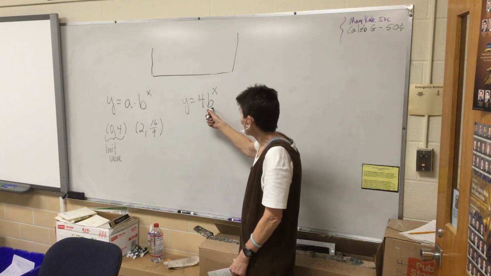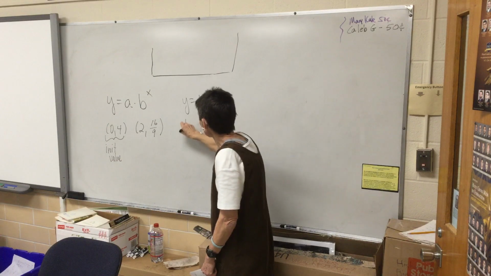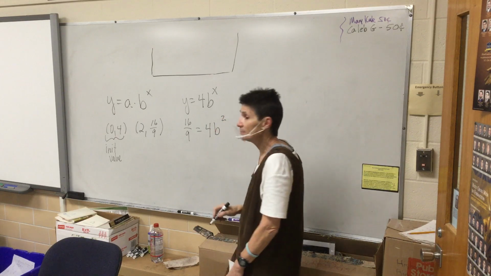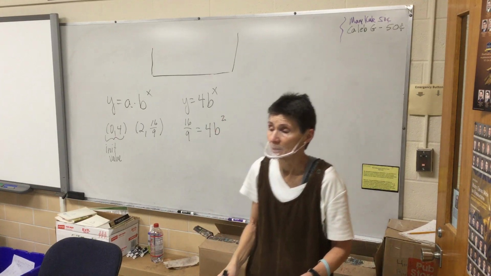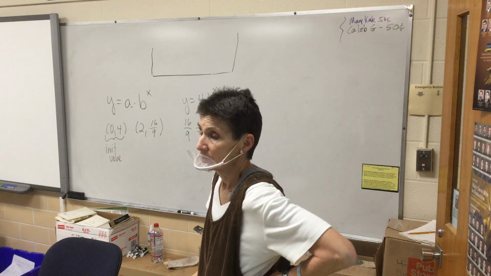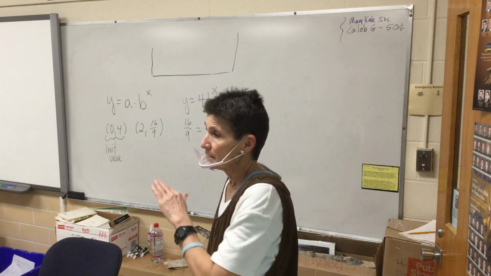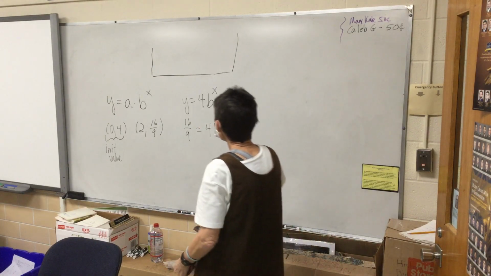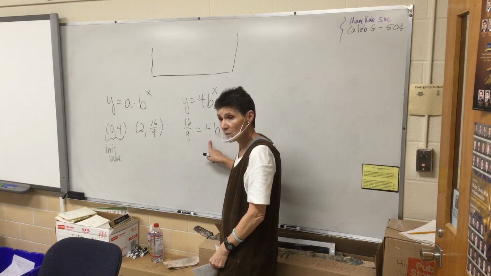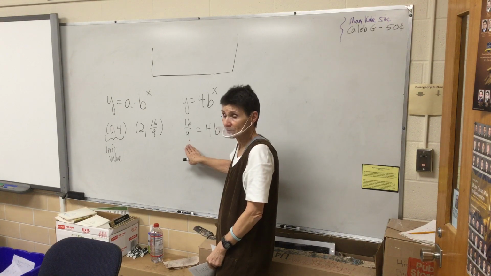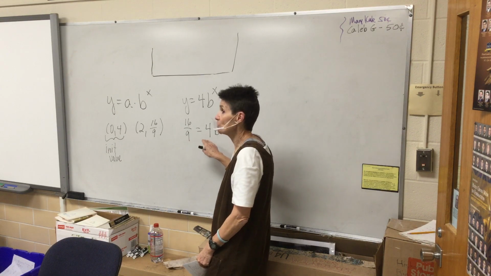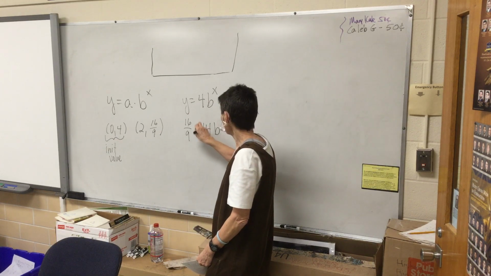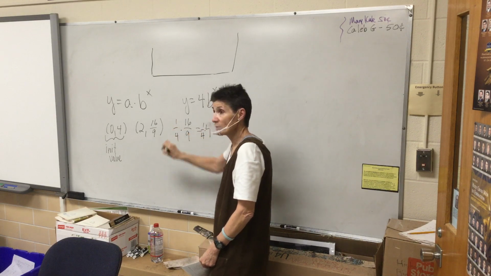Now, to find b, you actually do have to plug in, like Jacob said. So we have 16/9 equals 4b squared. Now, you do it however it works for you, but remember, there's no calculator. So when you divide by 4, you're going to have a fraction over here divided by 4. So it might be easier to, instead of thinking of it as dividing by 4, think of it as multiplying by 1/4.